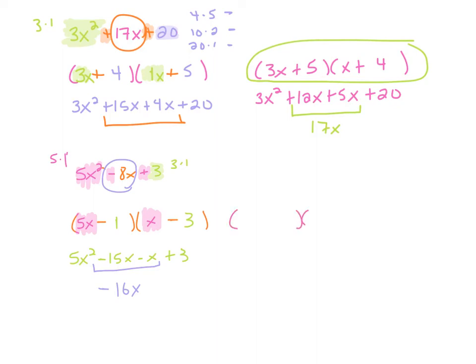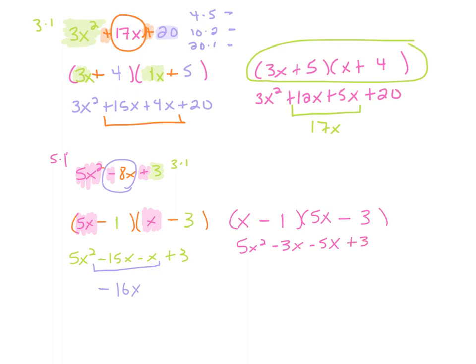So we'll have our two sets of parentheses. Signs aren't going to change there, but we got to change something. So I'm going to leave the 1 and the 3 the same, and I'm going to swap the x and the 5x. So let's try again. x times 5x is still 5x squared, but now we have x times negative 3, so negative 3x, and negative 1 times 5x, negative 5x, and negative 1 times negative 3, positive 3.